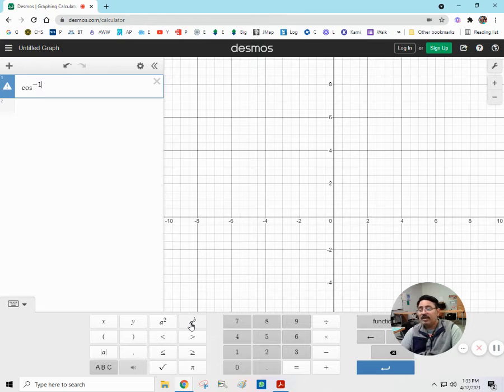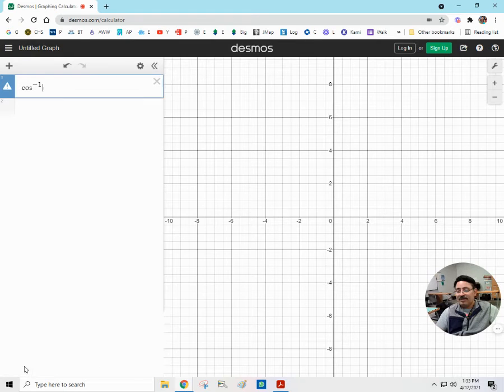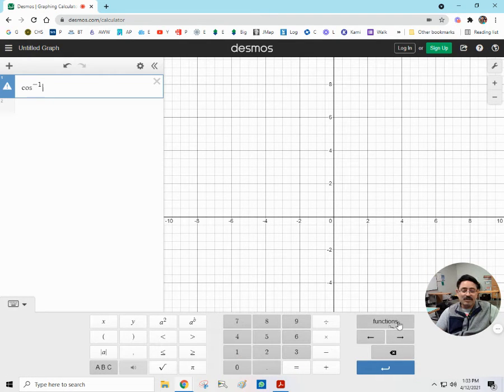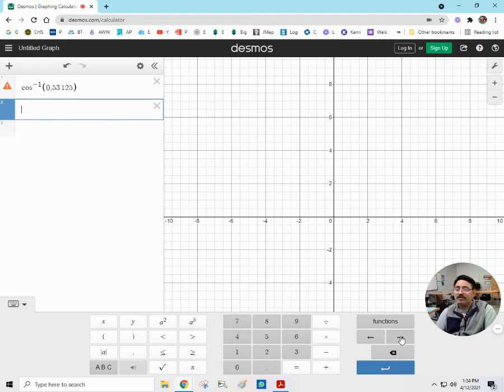Then type -1. Then you have to come out. You may make use of the cursors below the functions, the left and right arrows. Click on the right arrow. Then what is the number? 0.53125. Correct me if I'm wrong. Yes. Then click it.